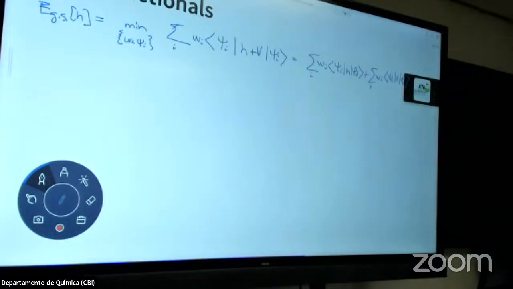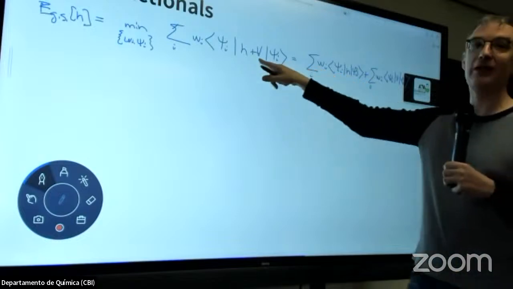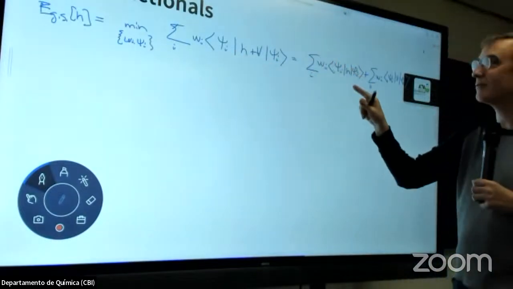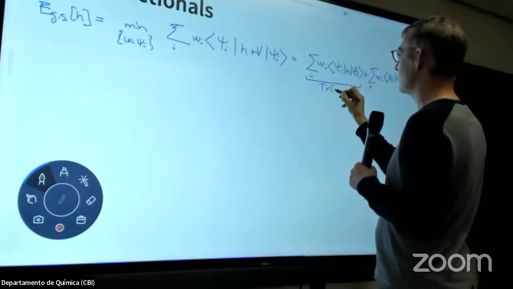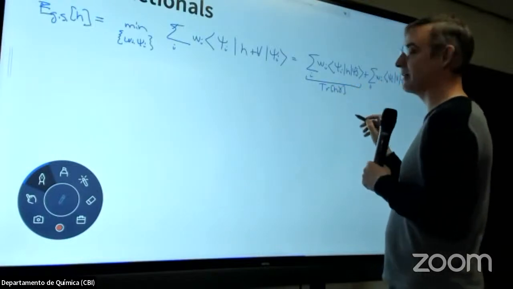I just broke the Hamiltonian, these are linear operators, into two pieces, so that I can now see that this is just the trace of H gamma.